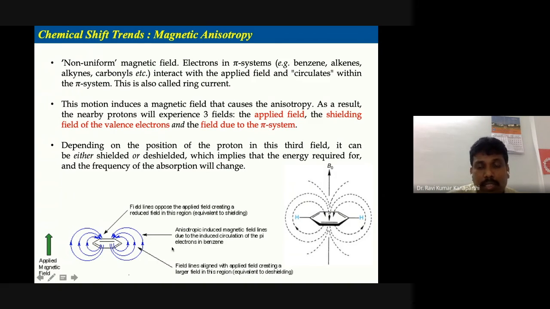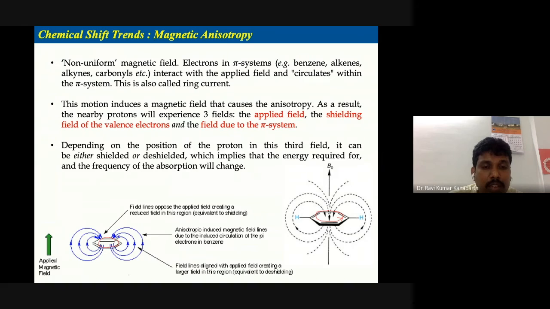That is exactly shown in this diagram. You can see the magnetic field is created in this direction because of this circulation of electrons in the ring.